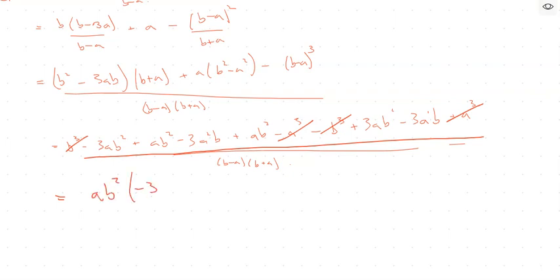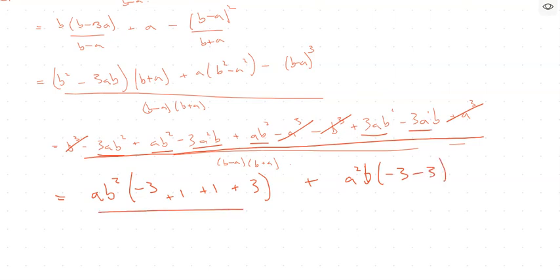We've got minus 3 plus 1 plus 1 plus 3, plus a squared b's, of which we have negative 3, negative 3. Yep, that's right. All over b minus a, b plus a.